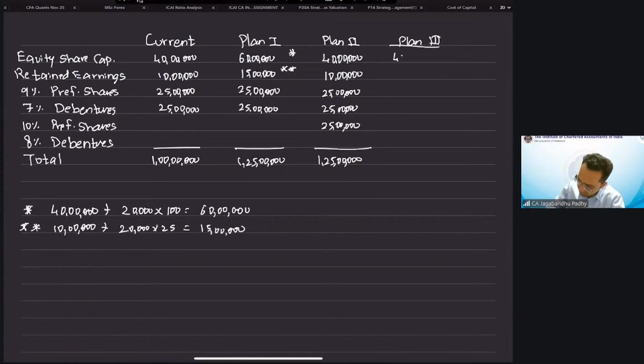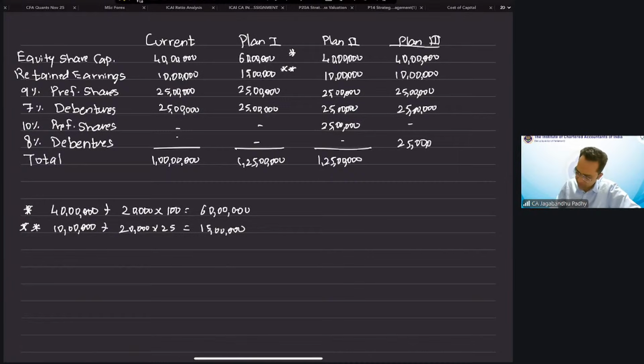In this plan, equity share capital is 40 lakh, retained earnings will be 10 lakh, and there are 7% debentures of 25 lakh. No preference shares over here. But we have 8% debentures in the third plan, and the total capital employed is 1 crore 25 lakhs. Okay, so this is what we got.